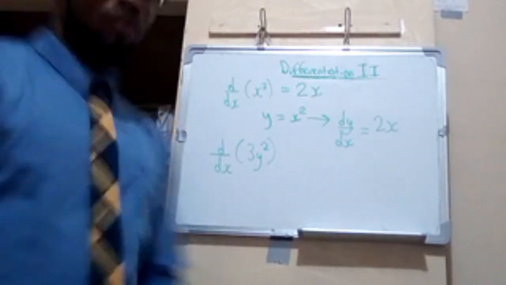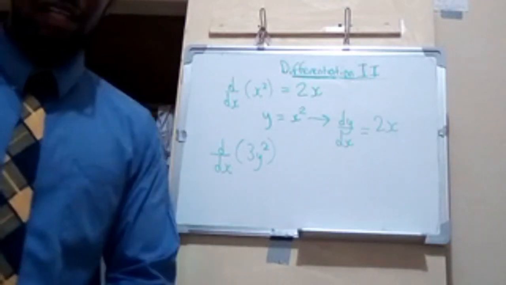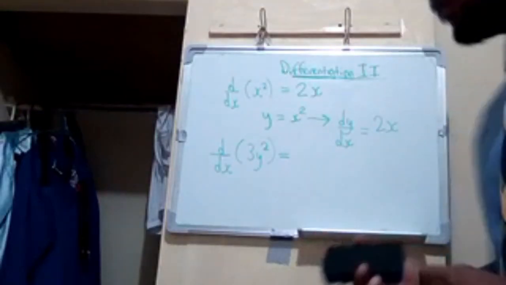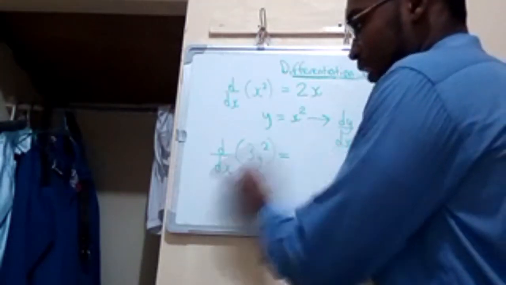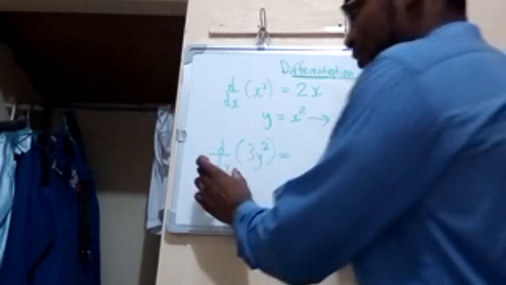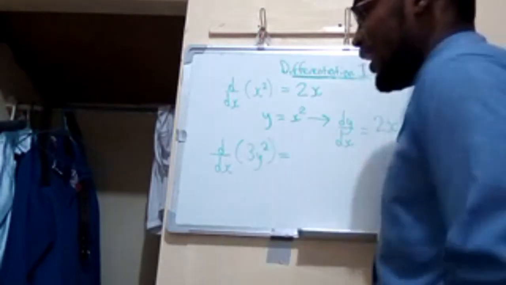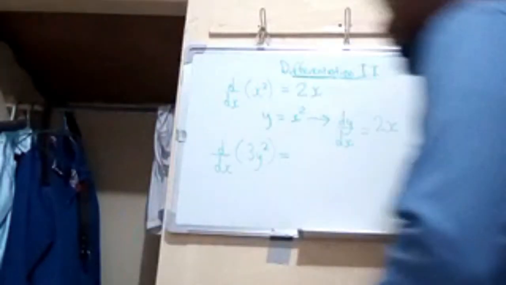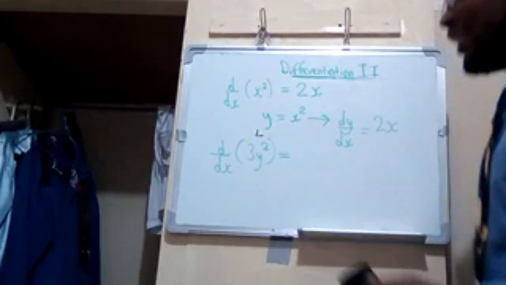Well, that's simple. To differentiate this with respect to x, look what we're going to be doing. We want to find d by dx of this thing. Think of this thing as L. So all of this was just L, and you want dl by dx.